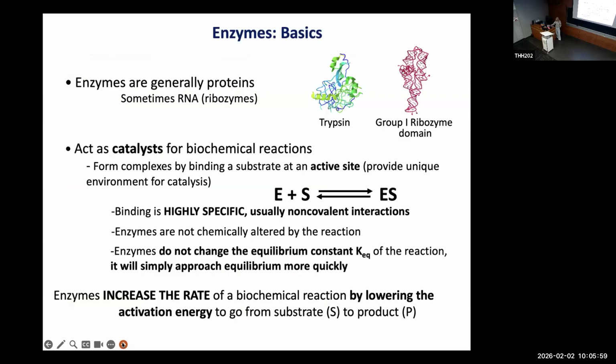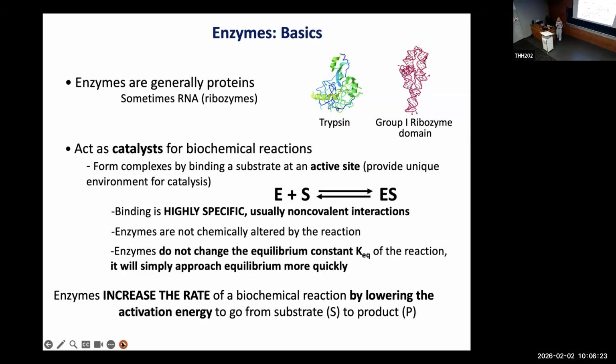Okay, so let's talk about enzymes, and this is a little theoretical today, as it always is at the beginning, and then we get into more examples. Enzymes are generally proteins. We know that things like RNA can catalyze reactions, but at this stage in evolution, most of our enzyme reactions are catalyzed by proteins.